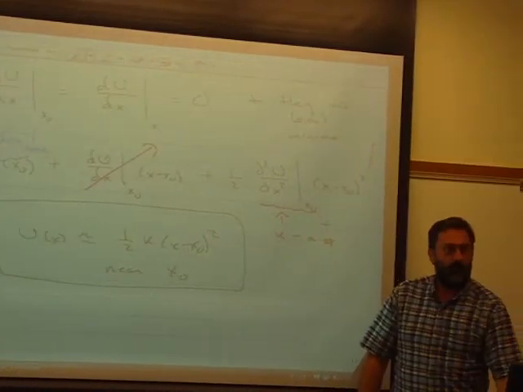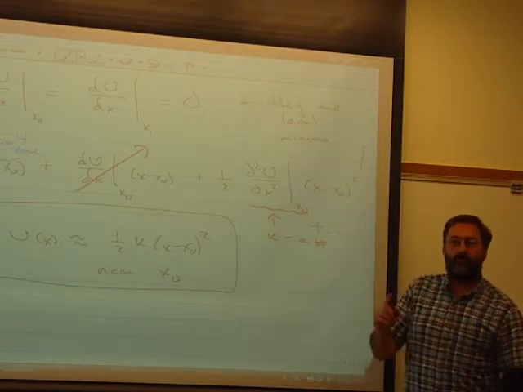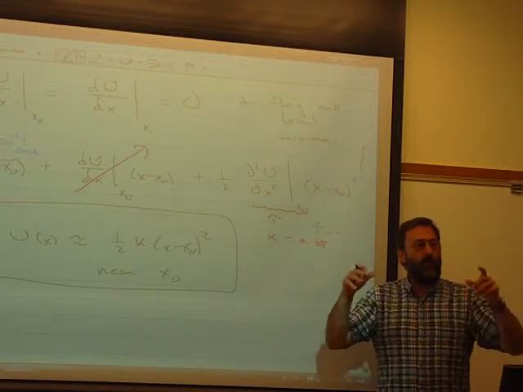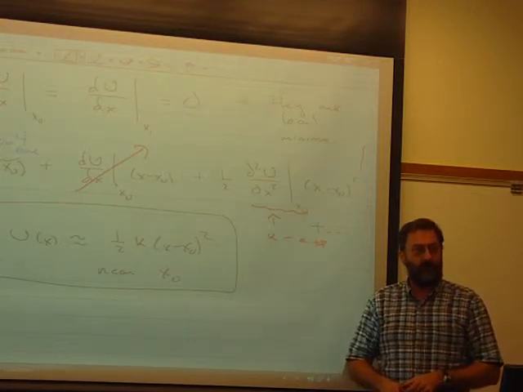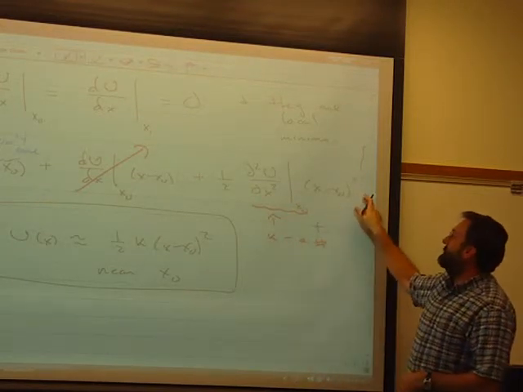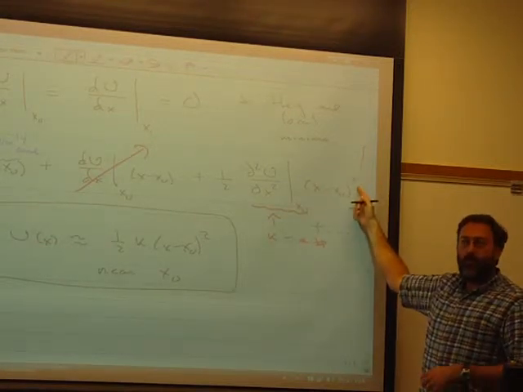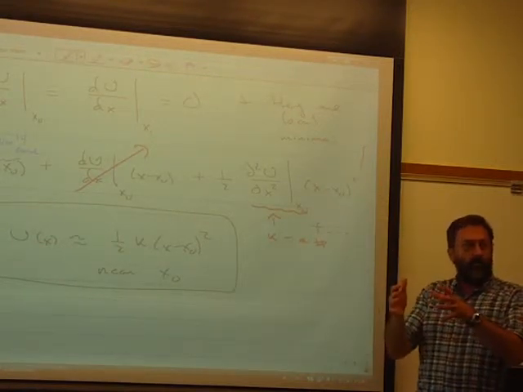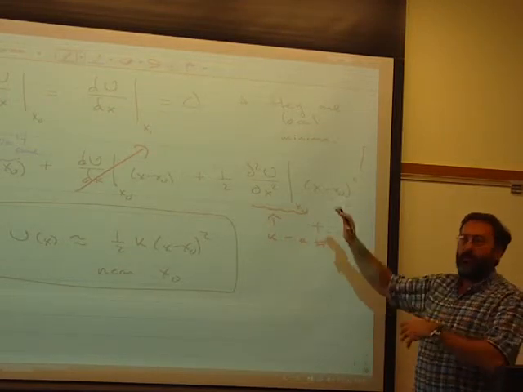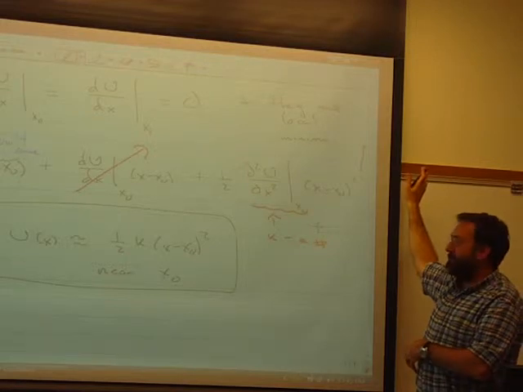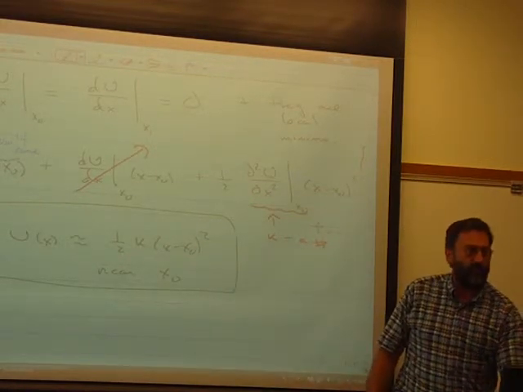What happens to the higher order terms? Well, they're small, right? This is why I keep saying the word near the minimum of the potential energy. So near x minus x0, I would have another term here that would be plus (x minus x0) cubed. As long as x minus x0 is small, as long as I'm near the minimum, I can ignore all those higher order terms, and it's dominated by the spring potential.